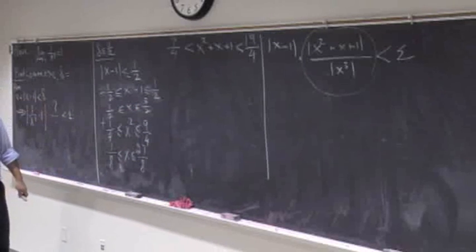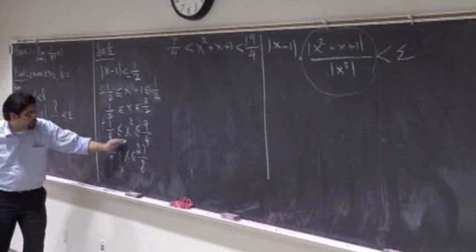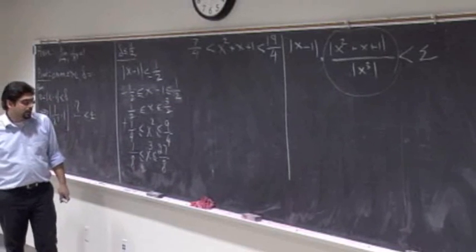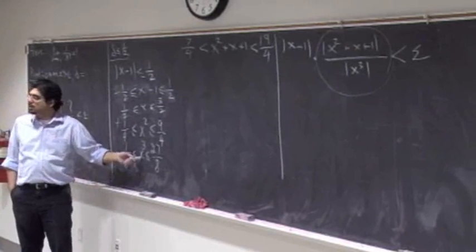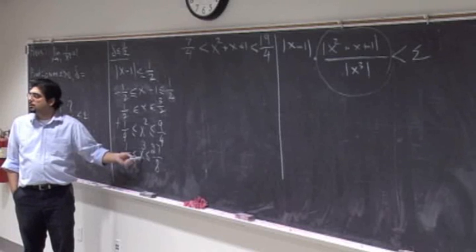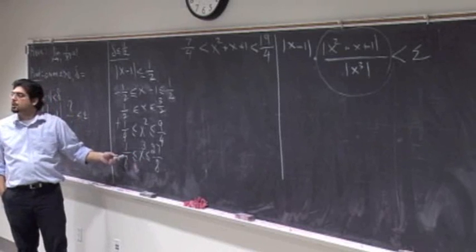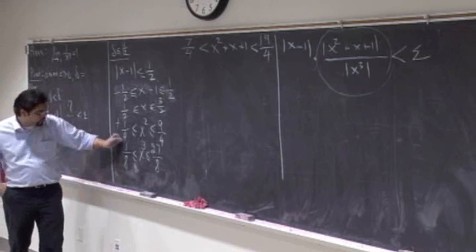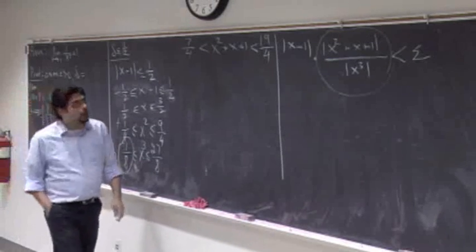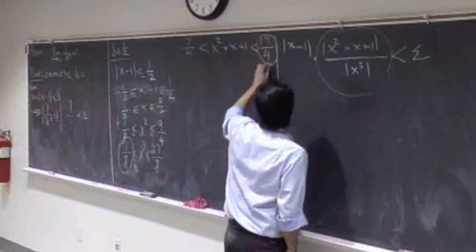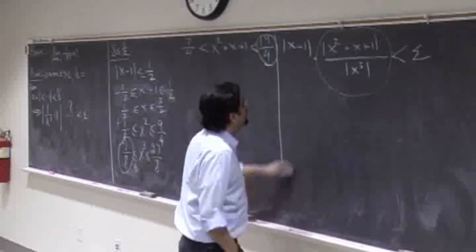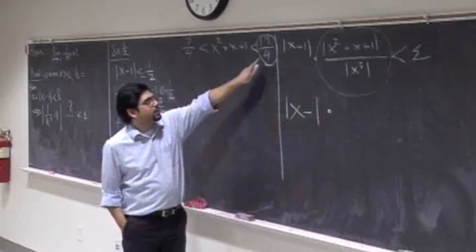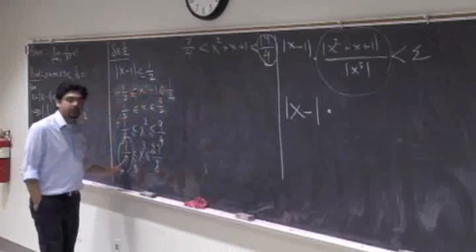Okay? This is x cubed. And then we wanted to make this as small as possible, right? So the smallest this could be is 1/8. So here's the worst case scenario: x cubed being here, and the numerator being here.